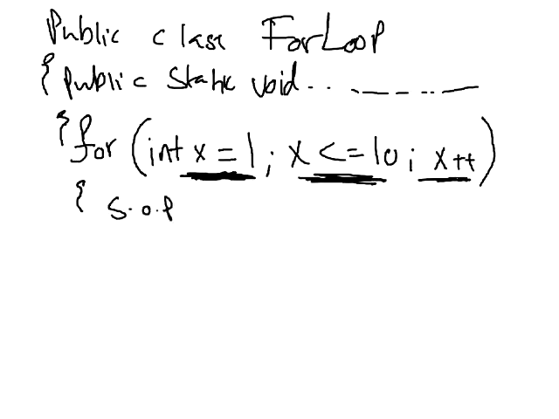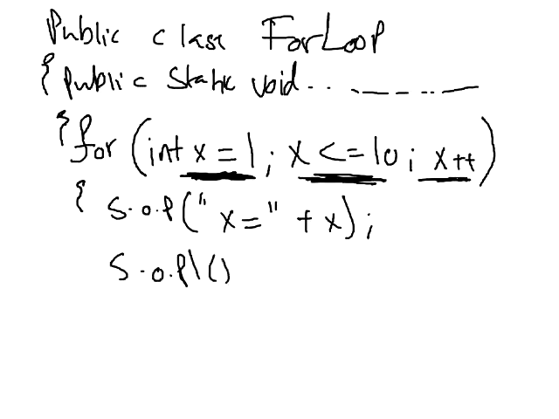You say, for example, system.out.print x equals plus x, then you can say system.out.println, so it will print a line for you. Very easy, right? Now the program will go to the for.